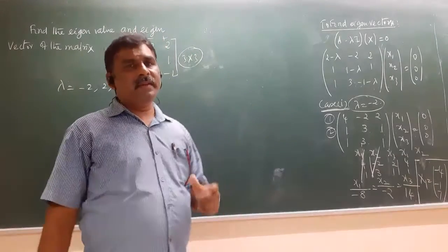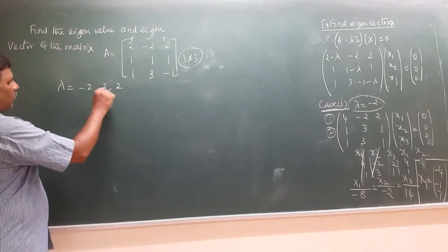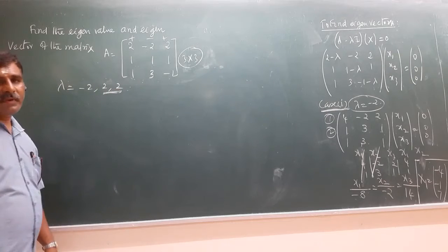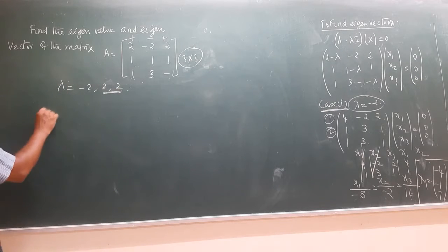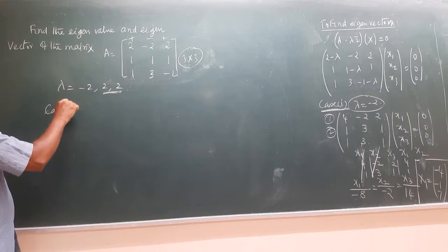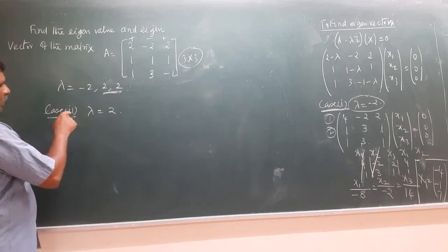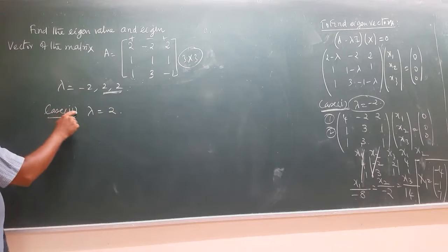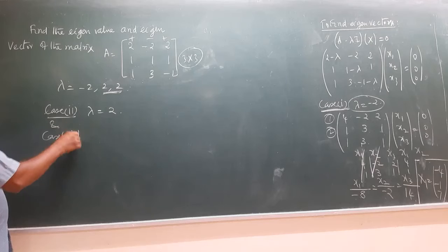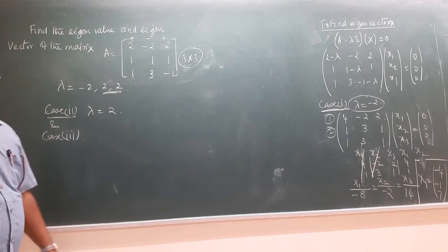Next is the repeated case, lambda equal to 2, 2. At that time, how can we find it? Take case 2 and case 3, both lambda equal to 2.